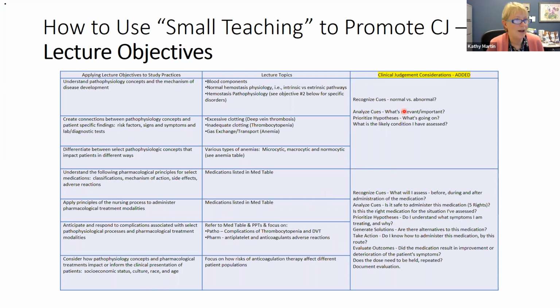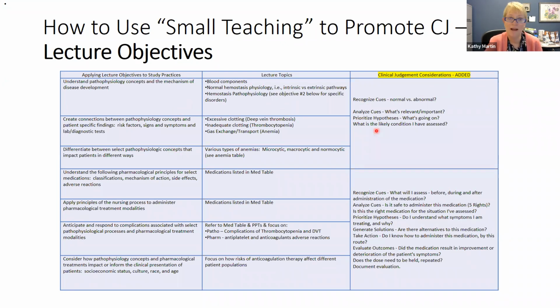So in January, I decided to add a column adjacent to this that incorporated the clinical judgment considerations as appropriate. So recognizing cues, analyzing cues. The first 3 steps here, through prioritizing hypotheses, relate to the pathophysiology content.